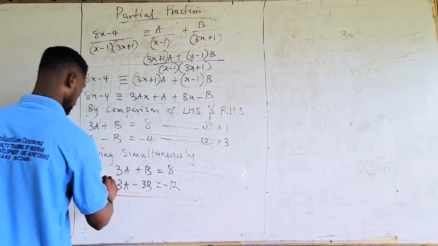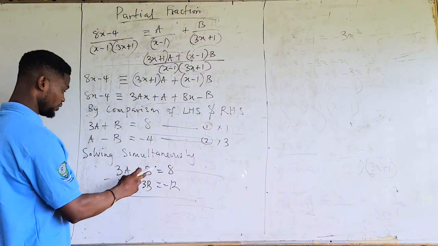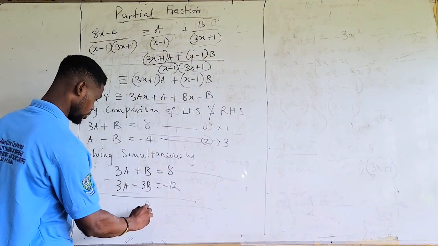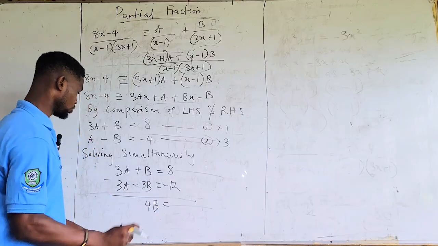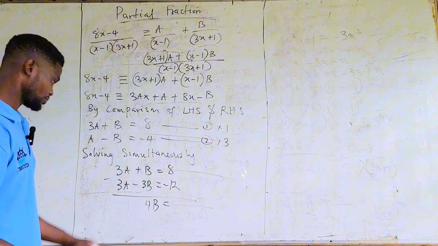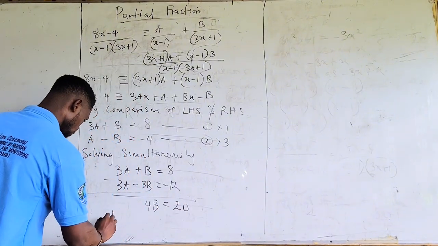So we subtract: 3a minus 3a will give you 0. Then we have b minus minus, that is plus, becomes 4b is equals to 8 minus minus is plus, 8 plus 12 is 20.